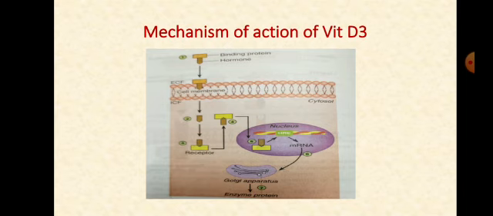Activated vitamin D3 is transported in the blood by a specific protein called vitamin D binding protein, and it is taken to the specific target organs, which are kidney, bone and gastrointestinal tract, where vitamin D3 exerts its action through a specific receptor which is situated intracellularly.